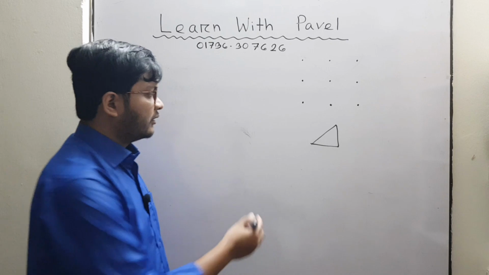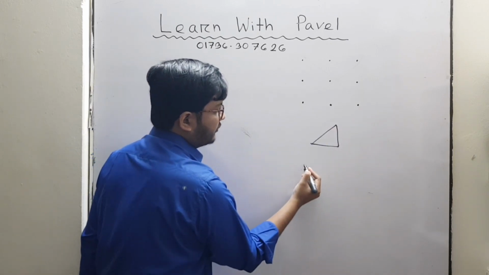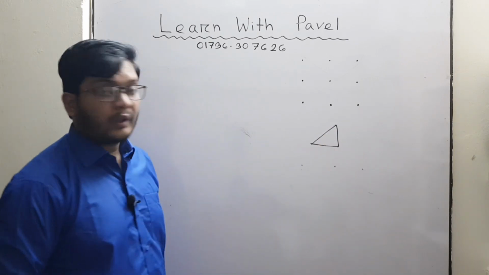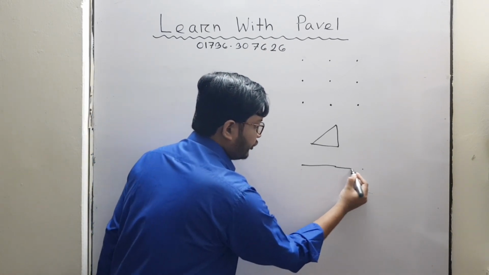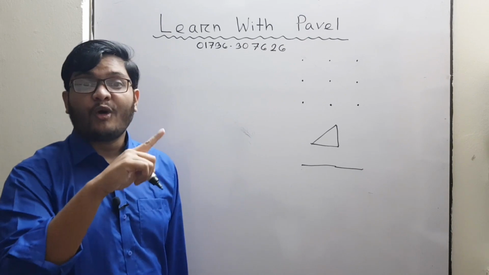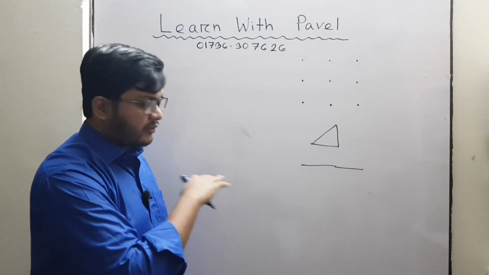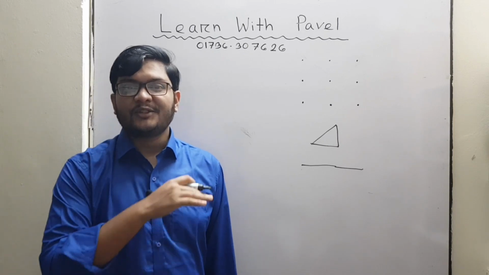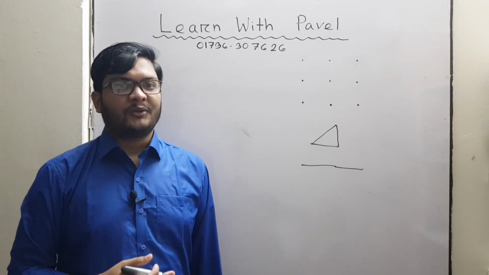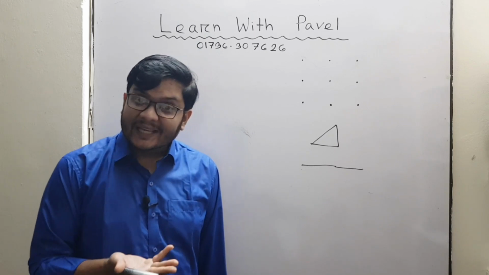If we select 3 points like these 3 points, so what will happen now? If you join these 3 points, you can see that there is no height because these 3 points are forming a single straight line. That means there is no area formed here. So in fact, there is no triangle formed here.